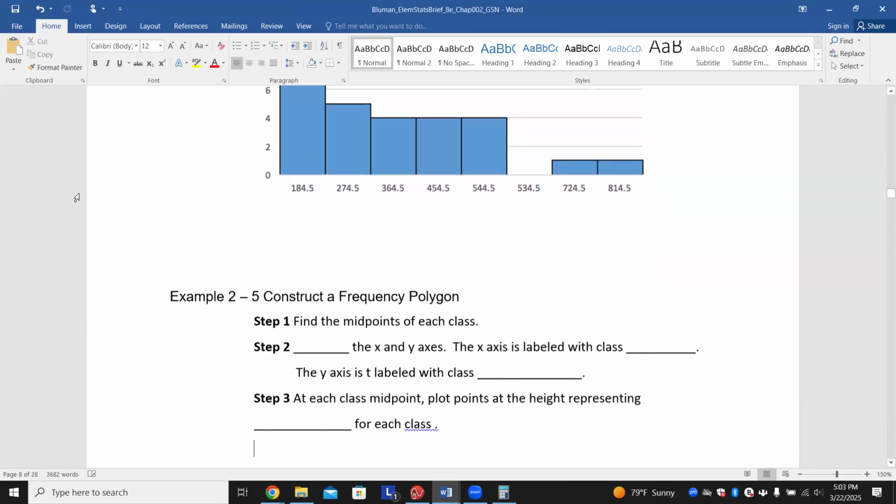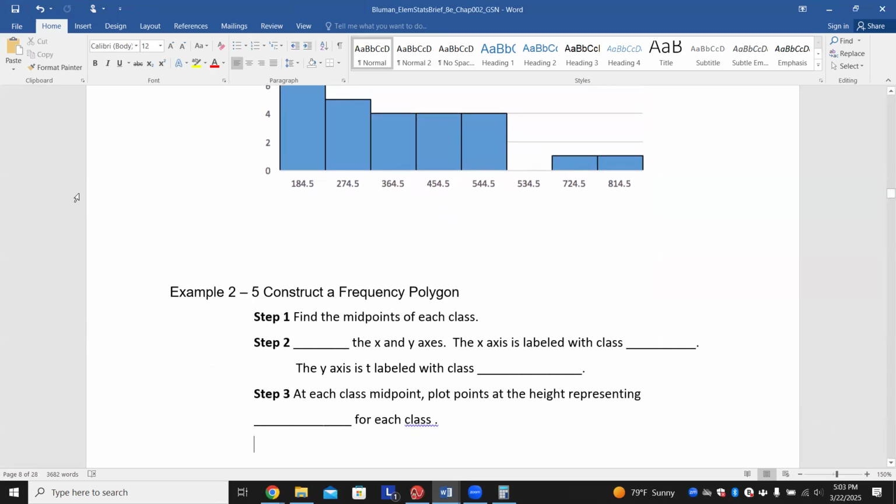In example 5, we're going to construct a frequency polygon. In this one, you find the midpoint of each class, which we already did in the frequency chart. Step 2, we're going to label the X and Y axes. The X axis is going to be labeled with class midpoints, as you can see above.